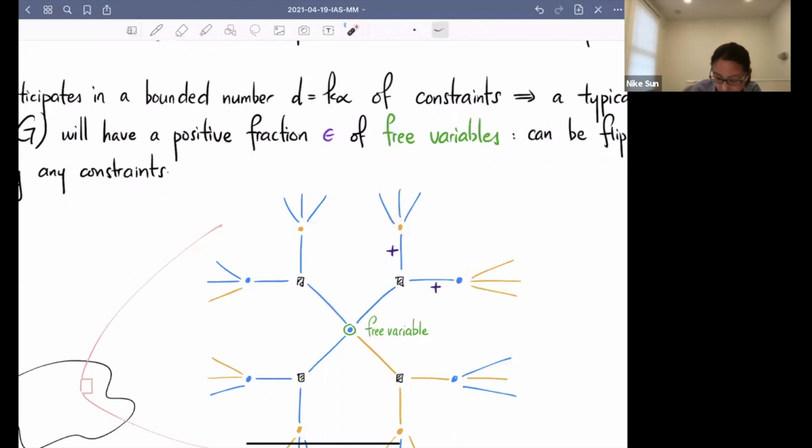So that means that no matter what value this variable takes, this clause is already satisfied because of the values of these other two variables. So from the point of view of this clause, this variable could be either plus or minus, it doesn't care. And it's true of each of the clauses that surrounds the variable. So this is what we call a free variable.